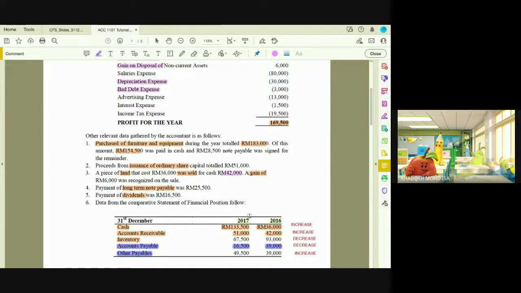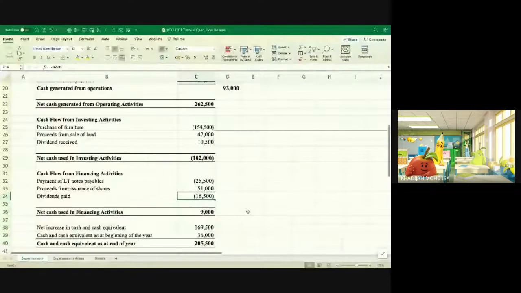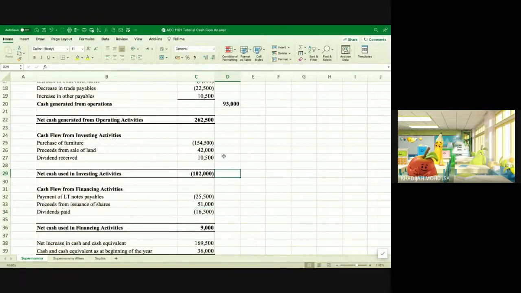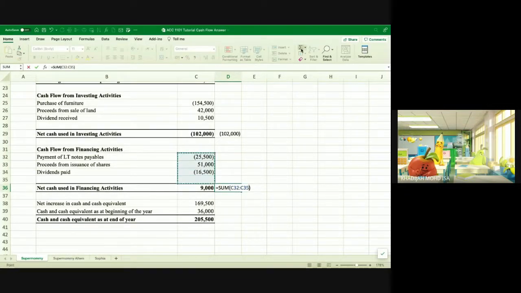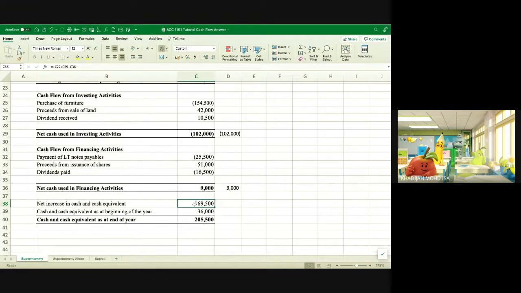So let's look at whether your cash from operating, let me see whether the computation is correct. Right, 102. And this one is correct. And 9,000. Okay, what is the net cash increase during the year?